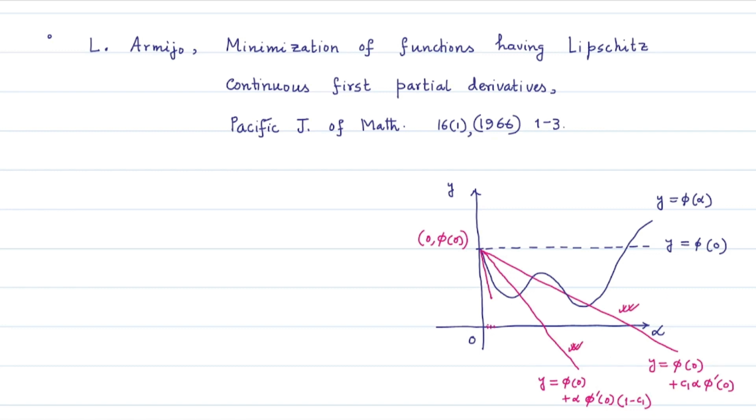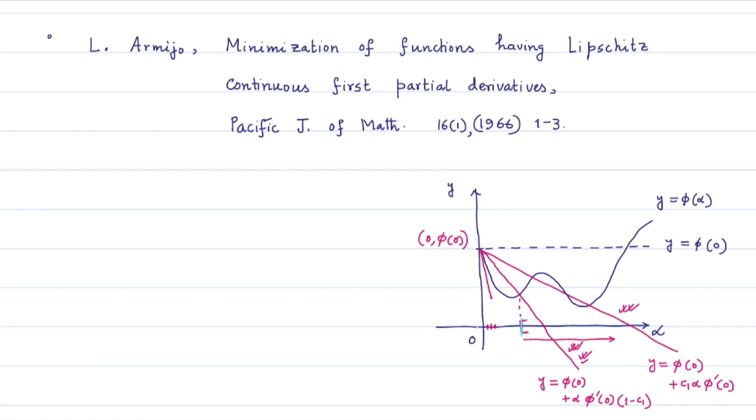In order to avoid short step lengths, the Goldstein rule suggested that you take those alpha values for which the graph of the function y is equal to phi alpha is above this line, and accordingly we will get the set of alpha values, starting from here and any value bigger than this particular point.